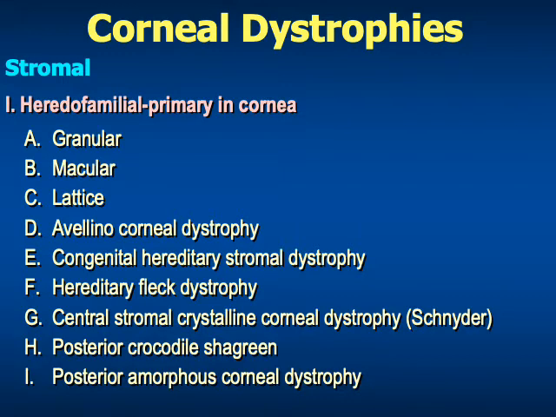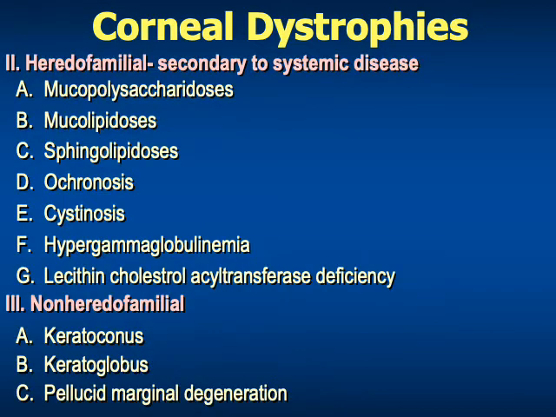For stromal dystrophy, there are many types, of which the more common to us is the heredofamilial primary in the cornea, as in granular, macular, lattice. All these are dystrophies. Avellino dystrophy, corneal hereditary stromal dystrophy, and other types.